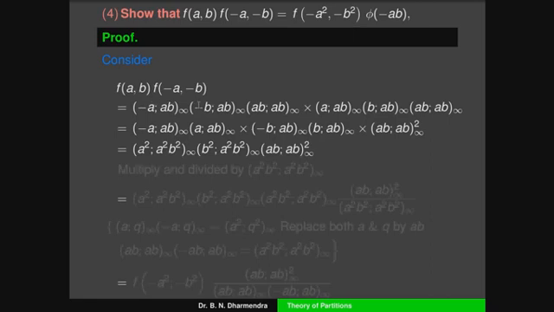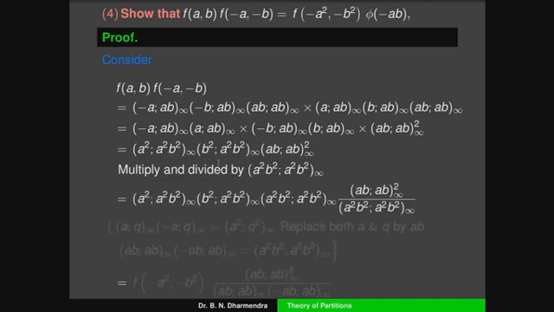Here also b square a square b square infinity. The missing term is a square b square b square infinity. So we multiply and divide by the term a square b square infinity. So that is equal to a square b square infinity, b square b square infinity.